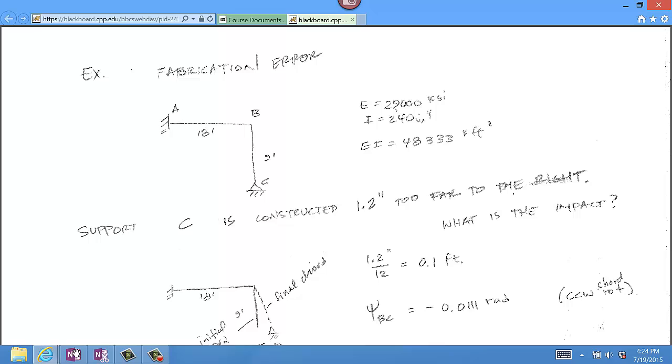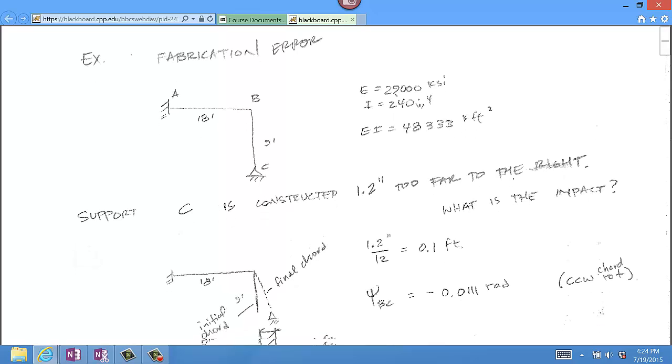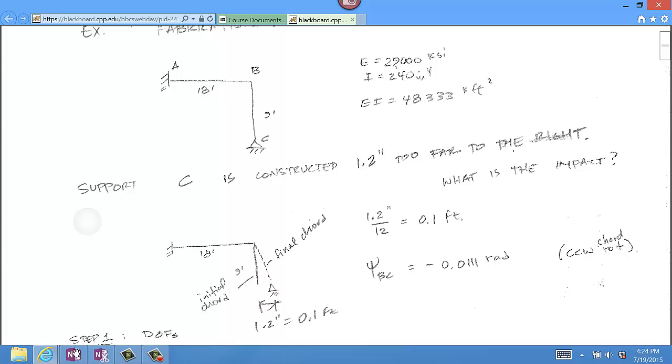And what makes this problem unique is that there is a construction error, some kind of fabrication error. So the fabrication error consists of support C, the anchors for support C, to be offset by 1.2 inches too far to the right. And so there are a number of questions one can ask.